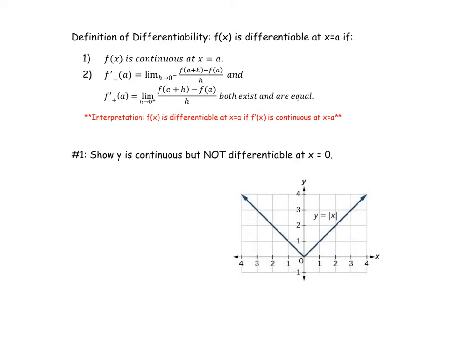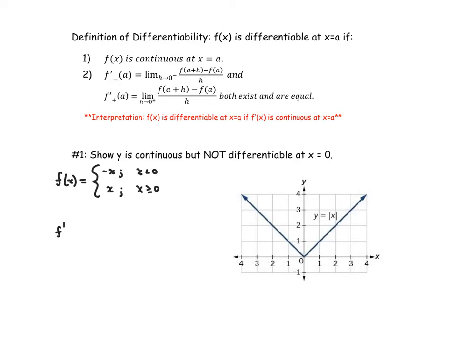match. Okay, so what I would do here is I would say, well, f of x as a piecewise function is equal to negative x, right? The line negative 1x if x is less than 0, and it's equal to positive x if x is greater than or equal to 0.